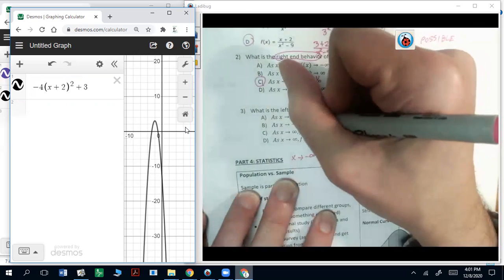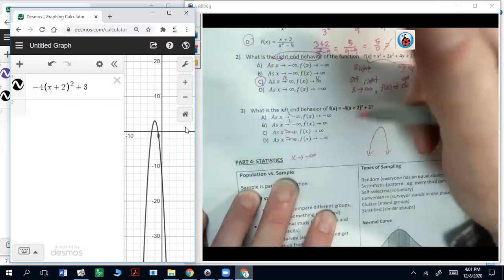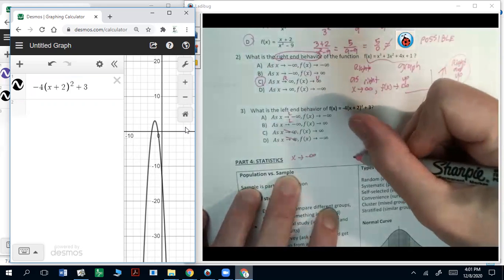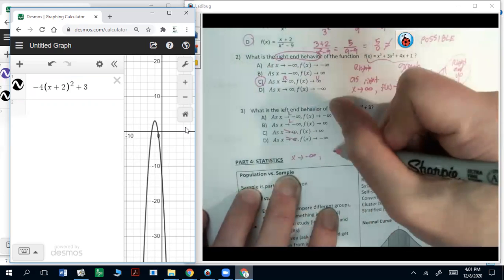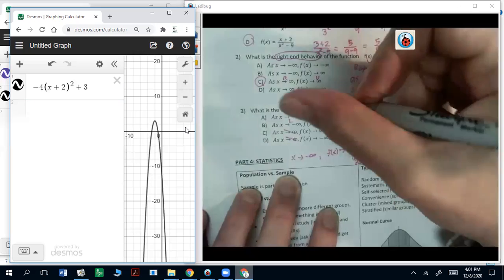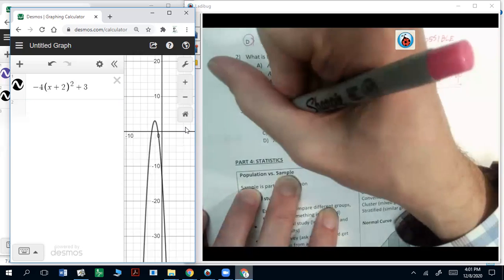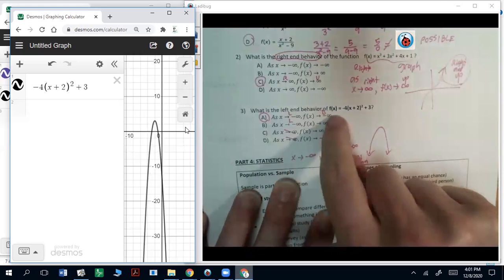So it's going to be one of these two. Since it's pointing down, that means the y value is going to go to negative infinity. So it's going to be down. So it's left and down. This would be left and up. Left and down is what we're looking for.